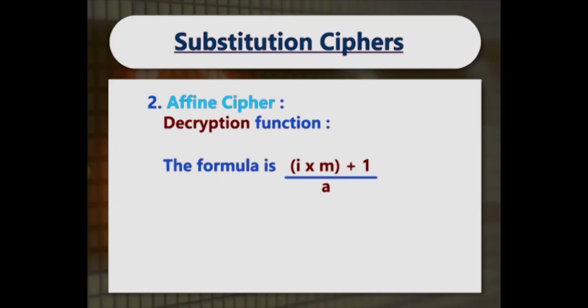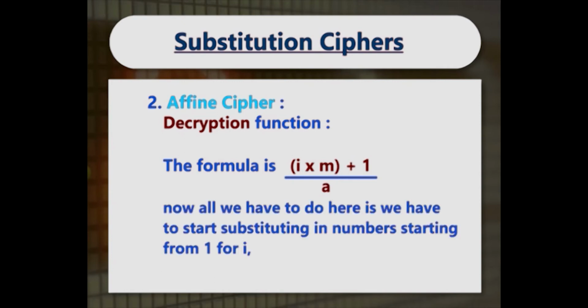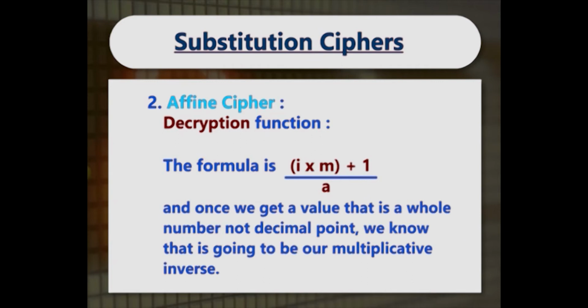There is a very simple formula of doing this, and the formula is (I into m plus 1) divided by A. Now, all we have to do here is start substituting in numbers starting from 1 for I, and once we get a value that is a whole number, not a decimal, we know that is going to be our multiplicative inverse.